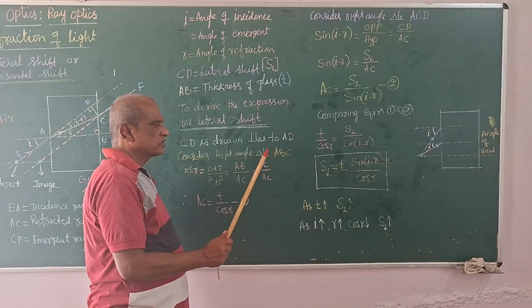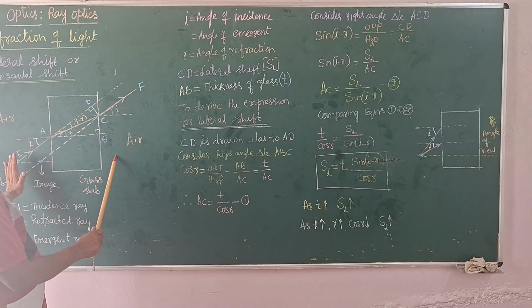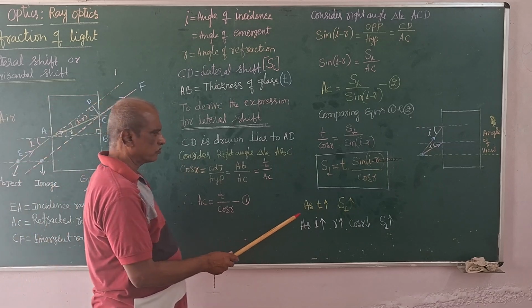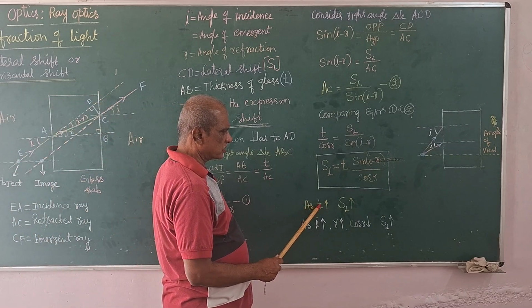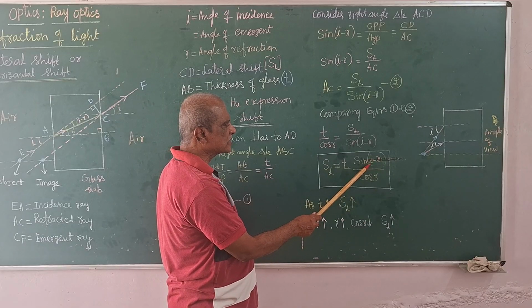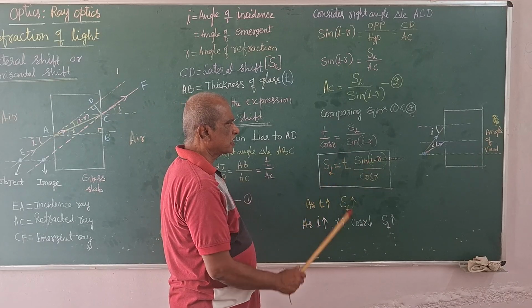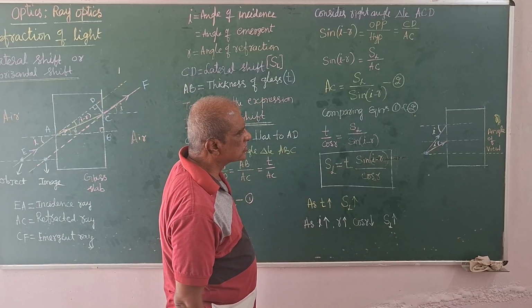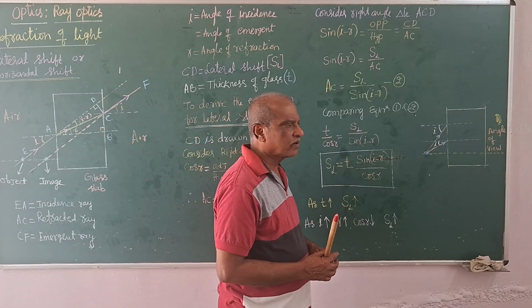As thickness increases, the lateral shift increases. As T increases, SL increases. And similarly, as i increases, how does SL change? There is a variation of the i angle.